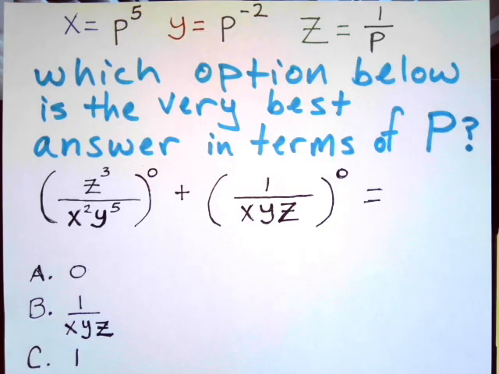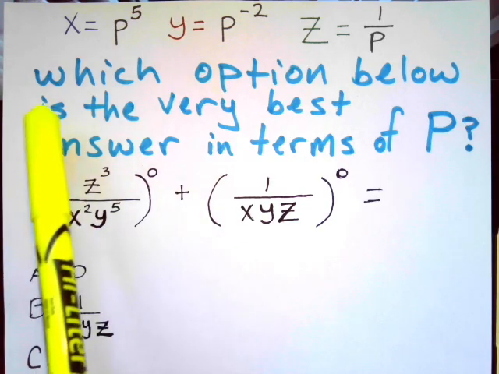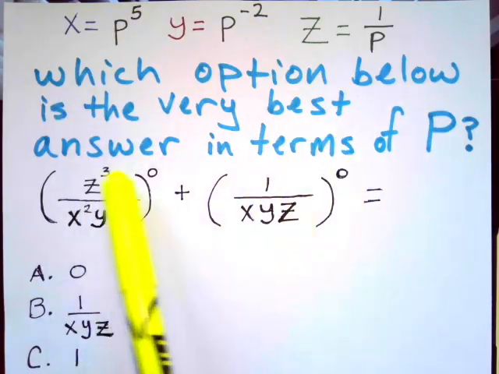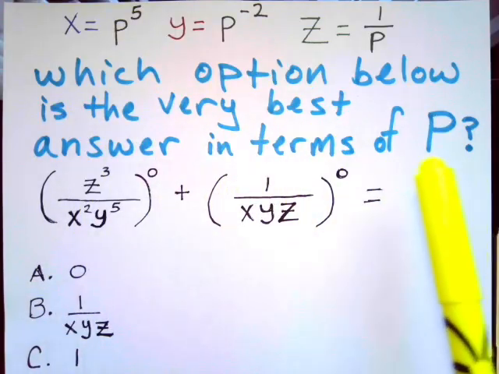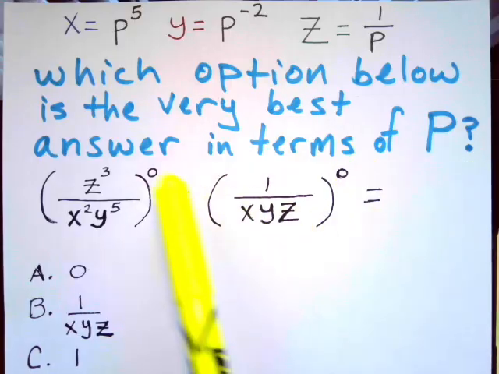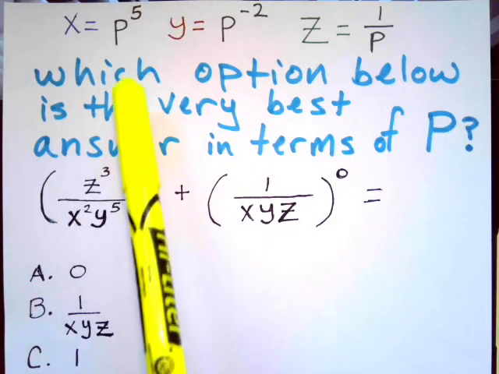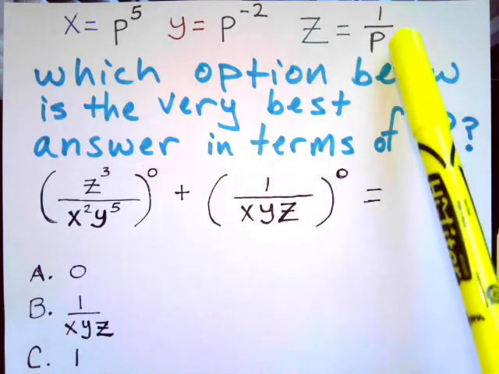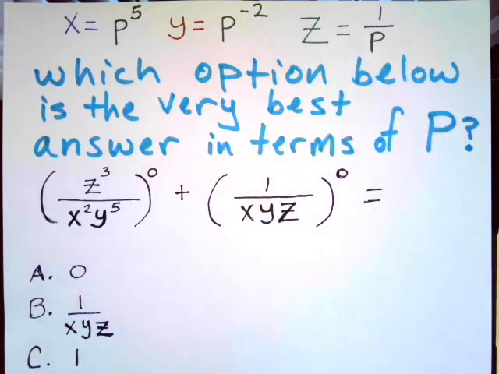So we're continuing the test questions for the GED math exam, and we're continuing in determining which option below is the very best answer in terms of P. So again, we have the values x equals p to the fifth, y equals p to the negative 2 power, and z equals 1 divided by p, or 1 over p.